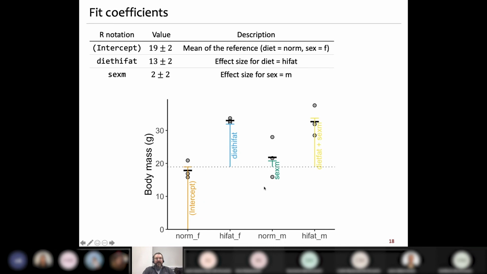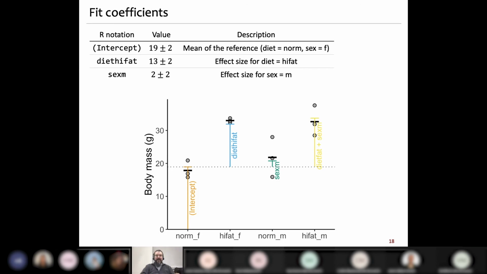So you have two effects away from the reference. And this yellow line is simply the sum of these two effects. We assume that the effects are additive. That is, when you have a group where both diet and sex are changed with respect to the reference, the two effects act together in a linear fashion.